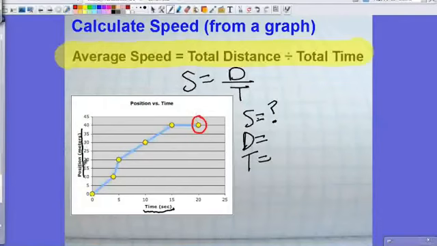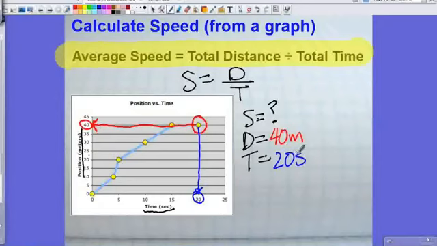Right here, because I know that my label is distance, I just draw an arrow over to my distance, and that's 40. So I know that's 40 meters. Now I'm going to move to my time. If I take that last point and go all the way down, it's 20 seconds.